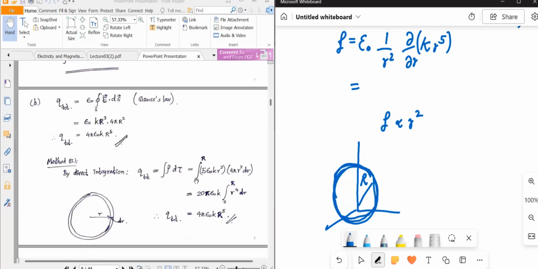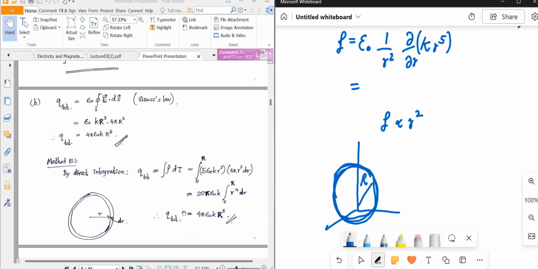Another method that we can do is, once we know the charge density, we can take the integration along this sphere to calculate the total charge enclosed by the sphere.